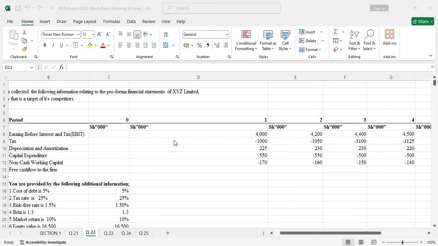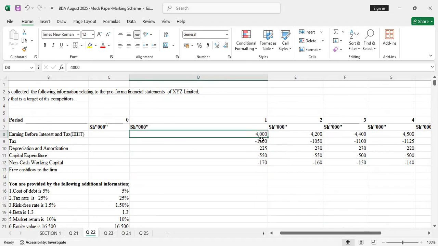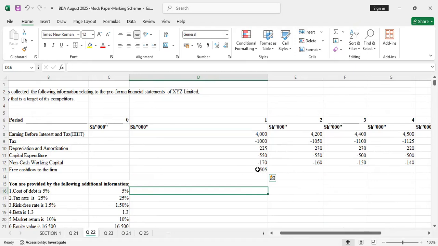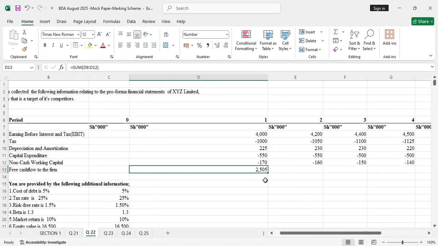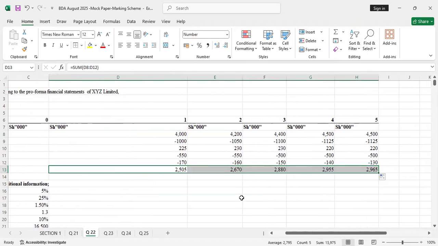Yeah, sorry, we continue. Yeah, so our free cash flow to the firm will be this. We'll sum all this. Yeah, so I'll highlight all that up to there. Then I'll go to sum here. Yeah, and I'll get that. So the free cash flow to the firm for year 1 is 2505. Yeah, then I'll drag all that to year 5.